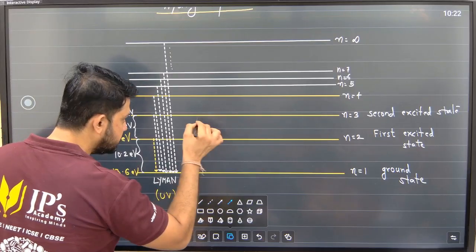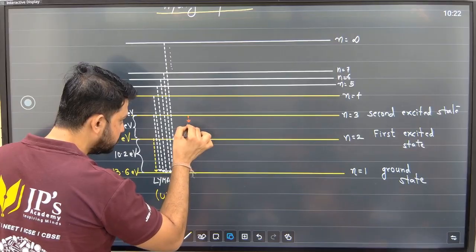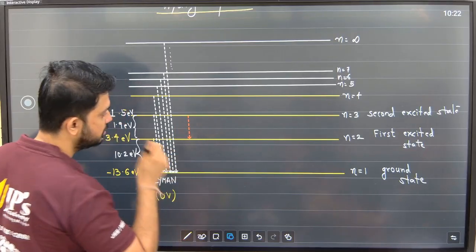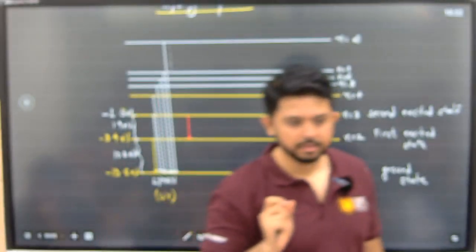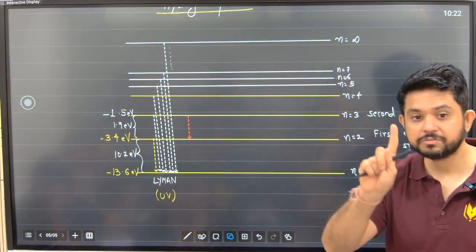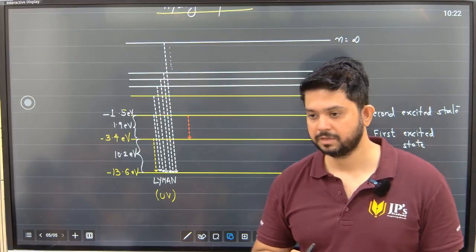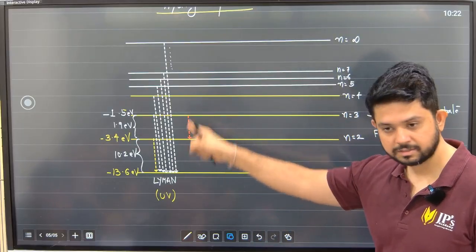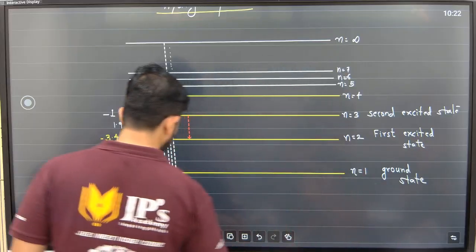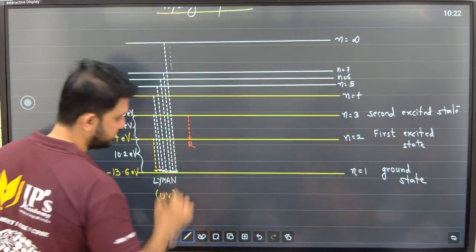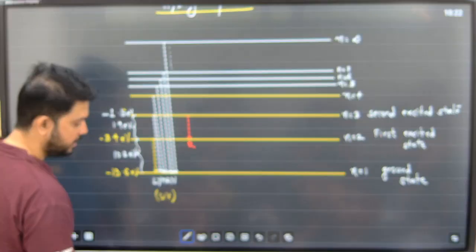When an electron transition takes place from 3 to 2, you get the first visible color in the hydrogen spectrum, and that color is red. With me?